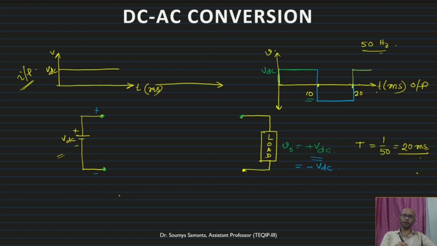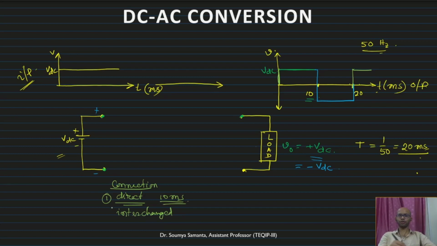We have directly connected the source and load for 10 milliseconds, and then we have interchanged the connection. So first direct connection for 10 milliseconds, and then interchange the connection, that means reversed, for the next 10 milliseconds.